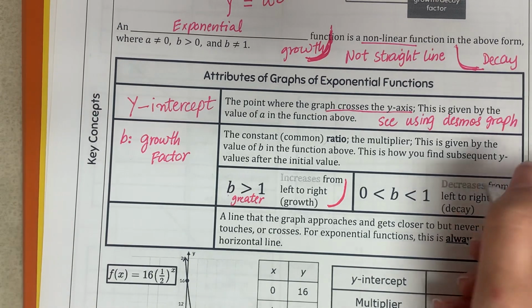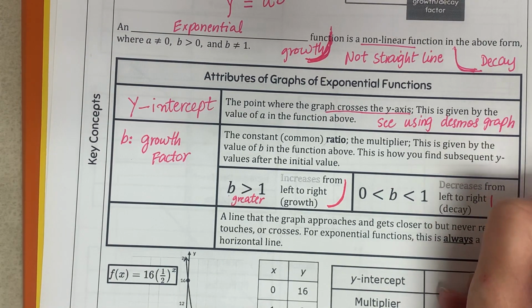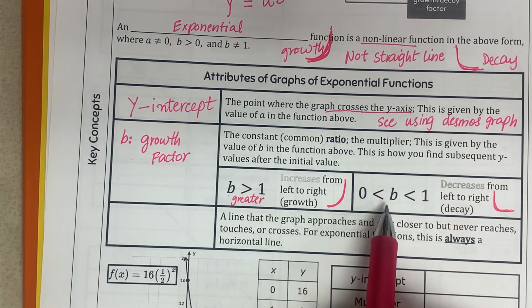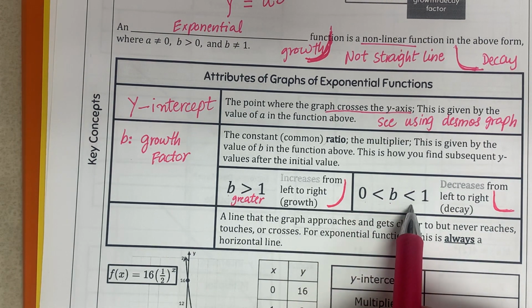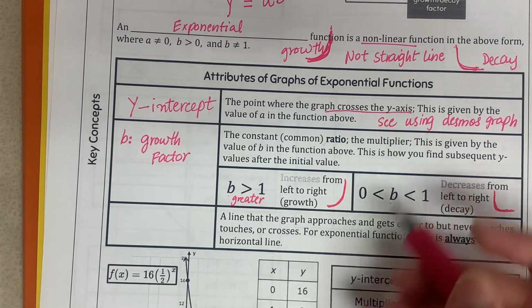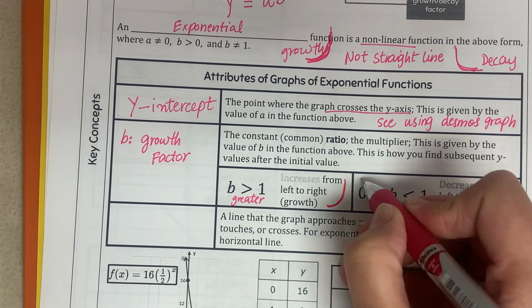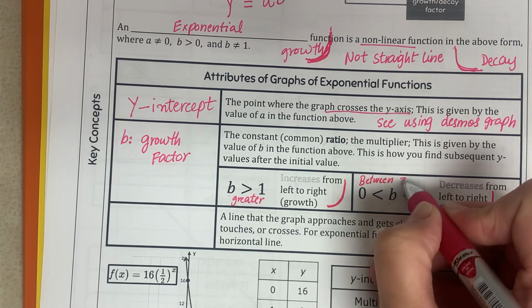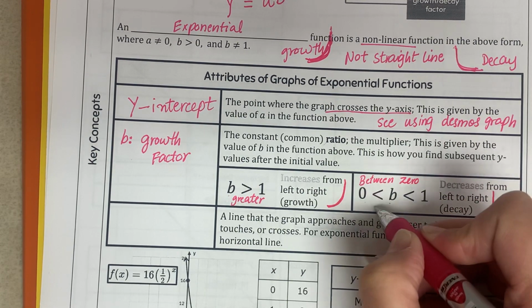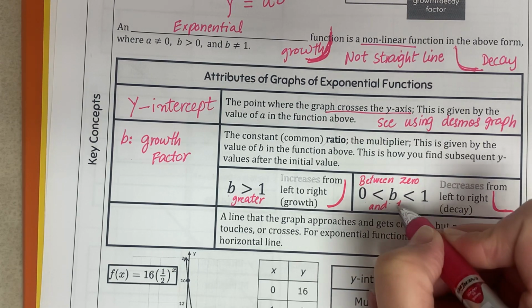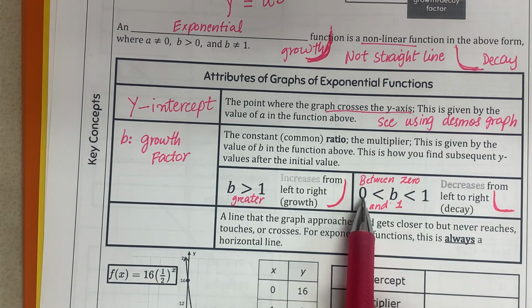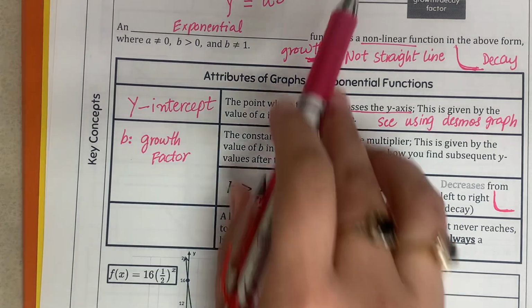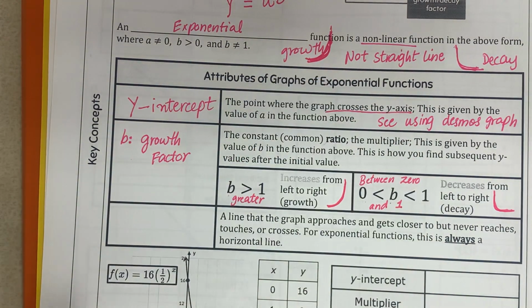When is it decreasing? It's decreasing, decay, when your b value is more than 0 but less than 1. So it is between 0 and 1. It cannot be less than 0 because your growth factor can never be a negative number.